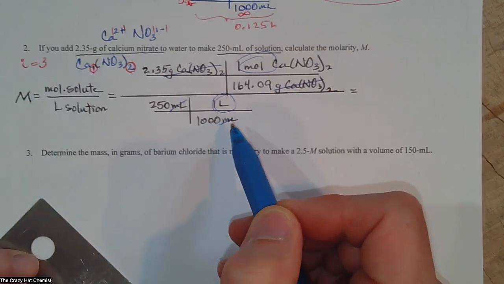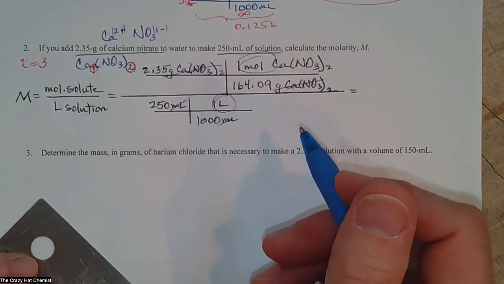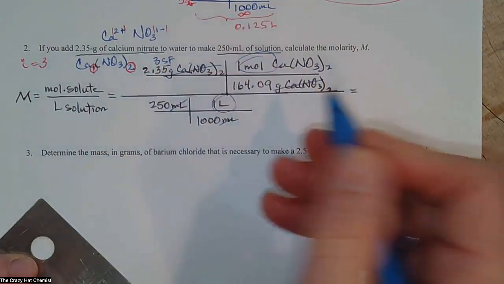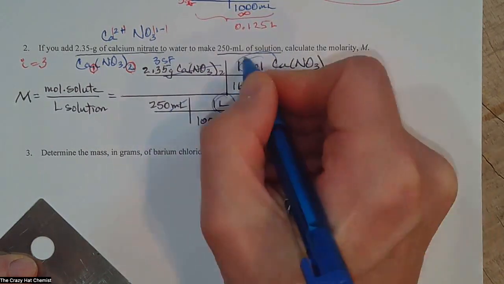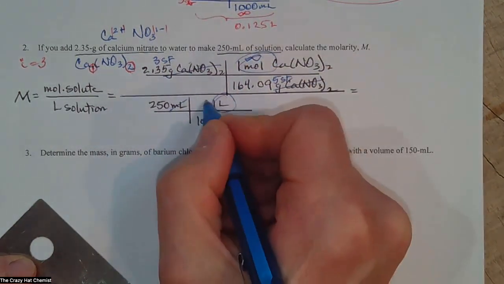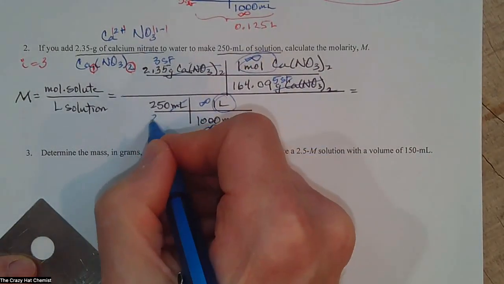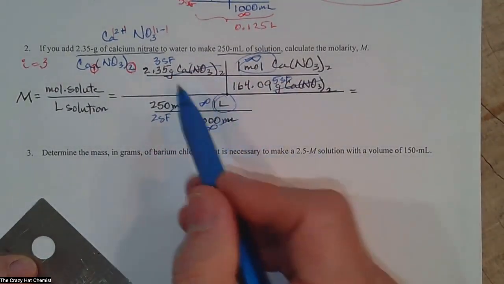That's perfectly fine. I'm going to look at significant figures on this problem here, and it looks like I have 3 significant figures here. This number, the molar mass, has 5 significant figures. This is infinite for the 1. This is infinite for the 1 liter, infinite for the 1,000, and 2 for the 250. So I'm going to plug this into my calculator.